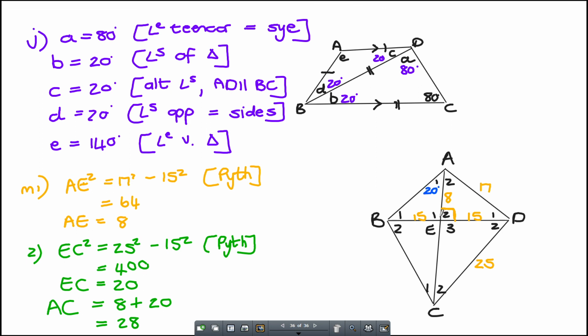En onthou, ons weet hierdie is 'n 90 grade hoekie, né? So do you guys see that to get B1, I can basically use angles of a triangle? So B1 gaan wees 70 grade. Angles of a triangle.